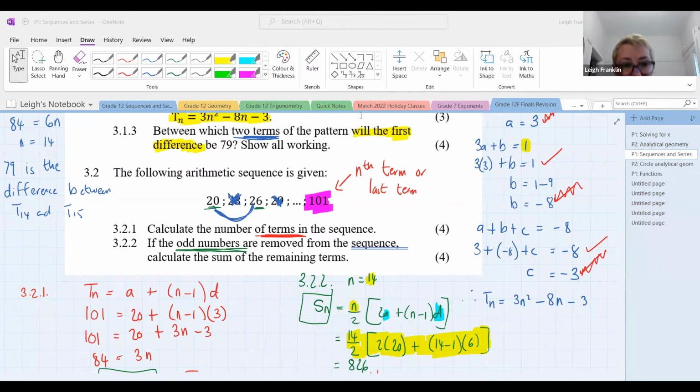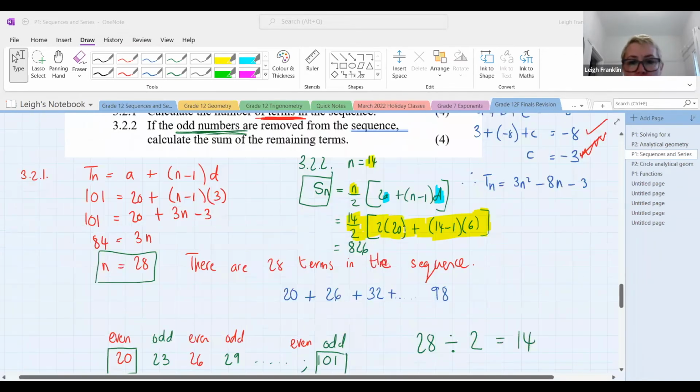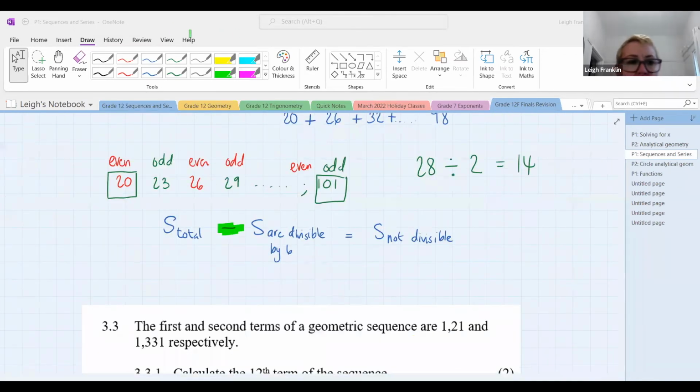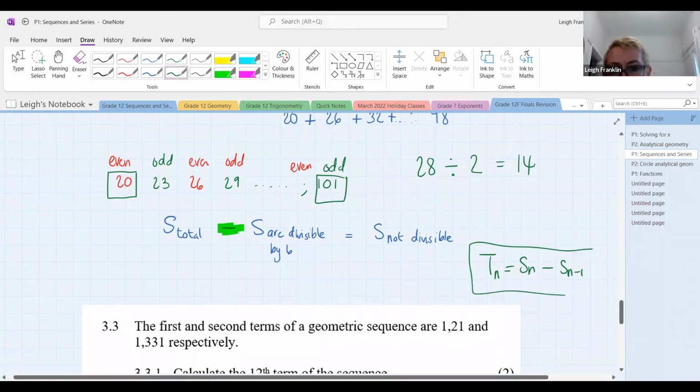So that formula is when you are going from a TN to an SN or vice versa. So TN equals SN minus SN minus 1. It actually comes from the old higher grade, back prior to 1998. We don't actually see a lot of questions like this.